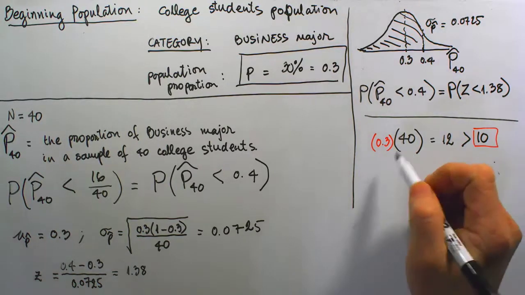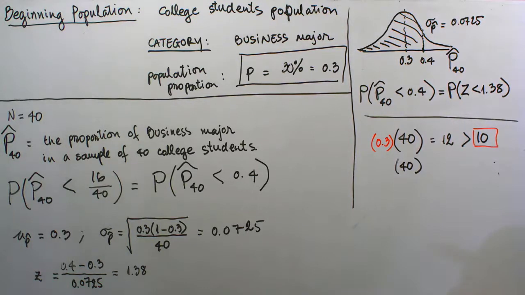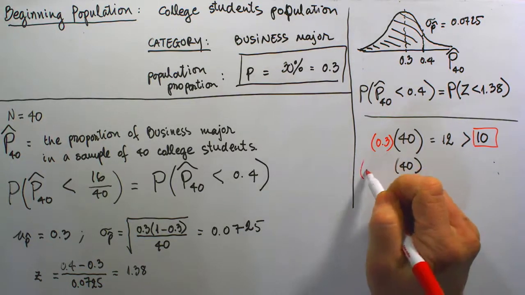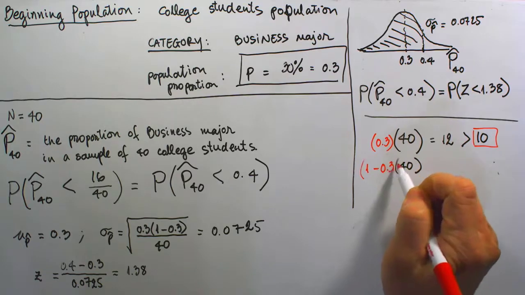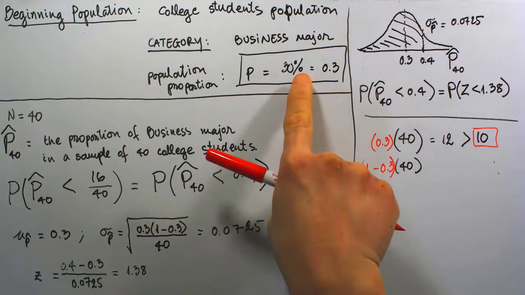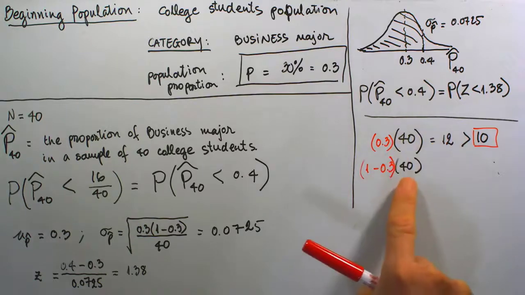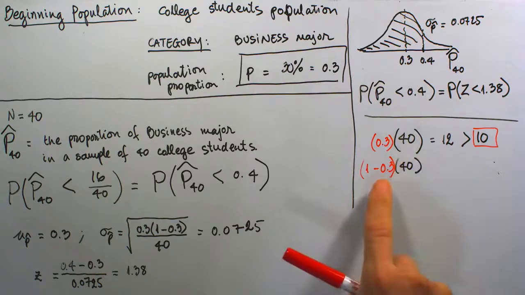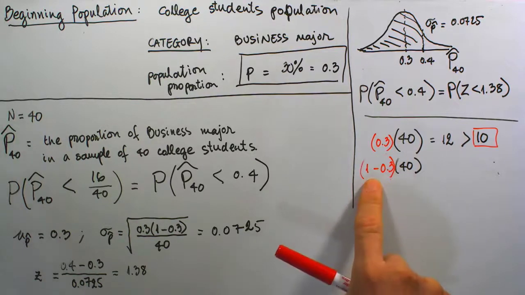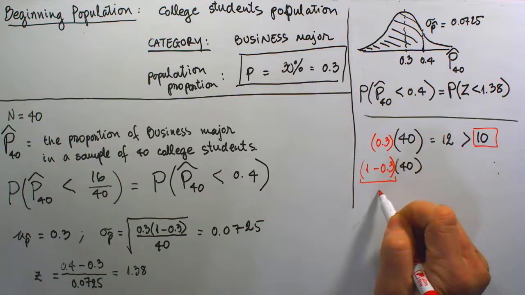In the next step, the same sample size for each sample, I am going to multiply with 1 minus 0.3. 0.3 again is the currently known population proportion. The sample size in each of our samples is also multiplied with 1 minus 0.3. Take note here that 1 minus 0.3 is really 0.7.